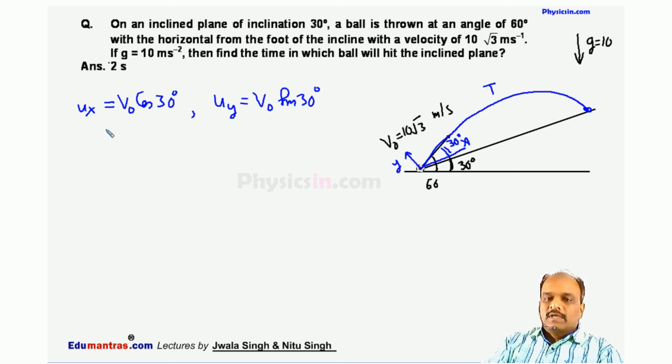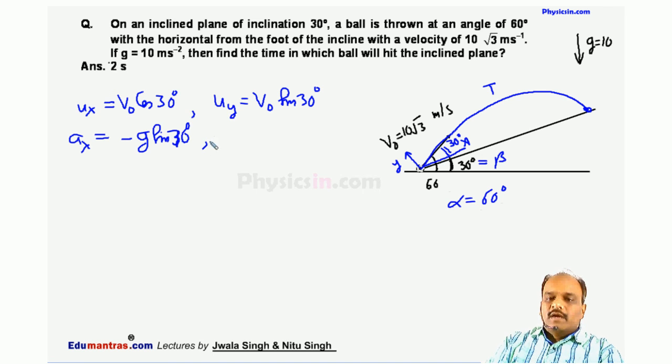Also, ax is minus g sin 30, because this is beta and beta is 30, alpha is 60 degrees, and ay is minus g cos 30 degrees.